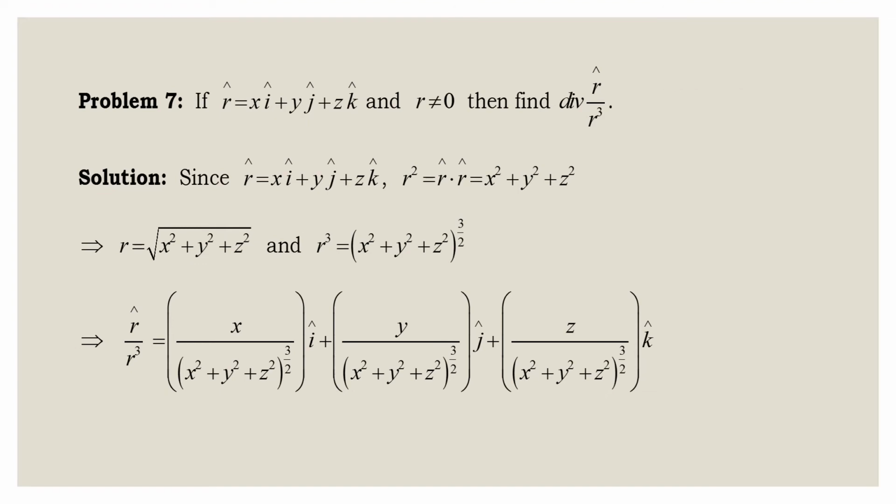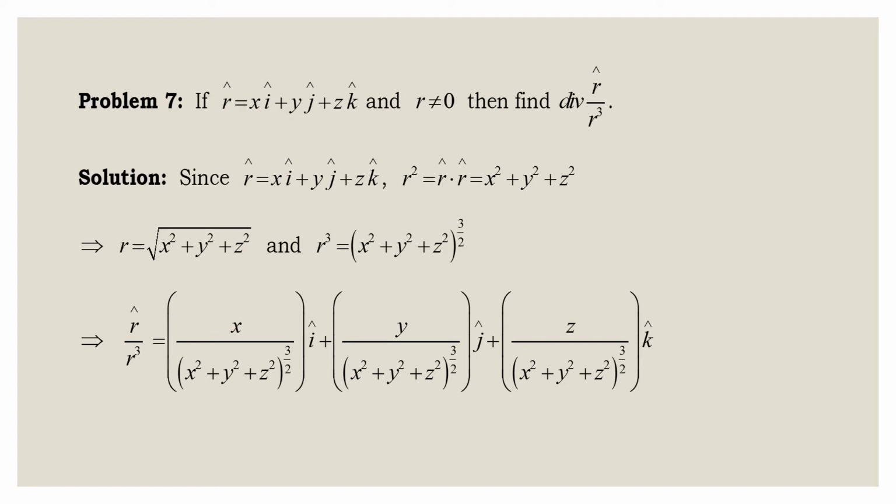Problem number 7. In this problem, consider the vector r cap equals x i cap plus y j cap plus z k cap. We need to find the divergence of r cap by r cube. Here, the given vector field is r cap equals x i cap plus y j cap plus z k cap.